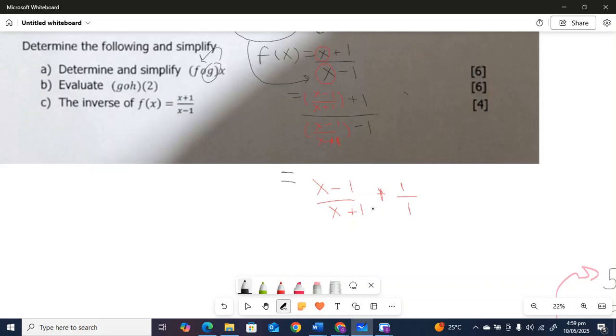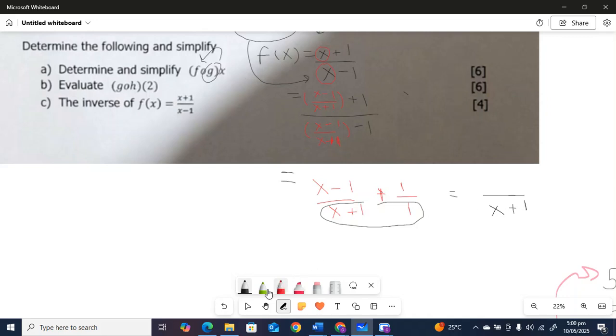Remember with fractions, multiply the denominators: x plus 1 times 1, you get x plus 1. Because you're basically saying 1 times x, that is x. 1 times 1, that is 1.